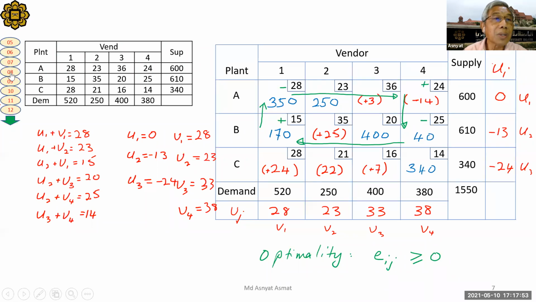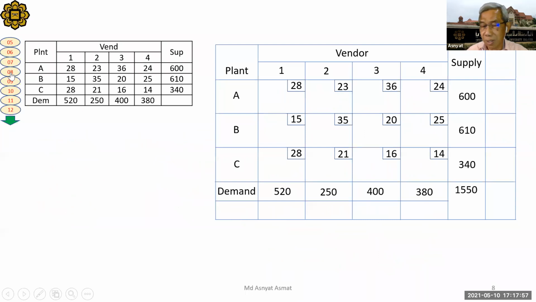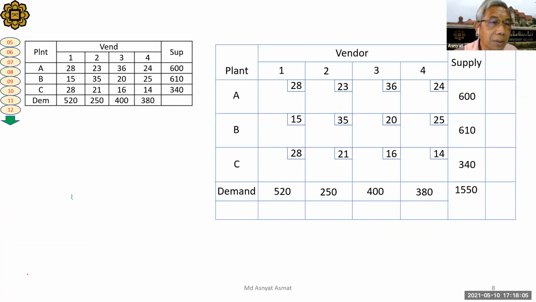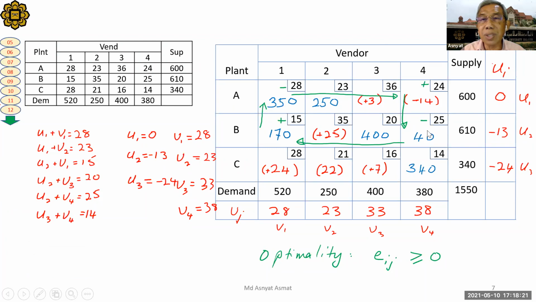We are going to write this in the new tableau. Let me use red color again. Here, 40. And then here, nothing. We are shifting this.